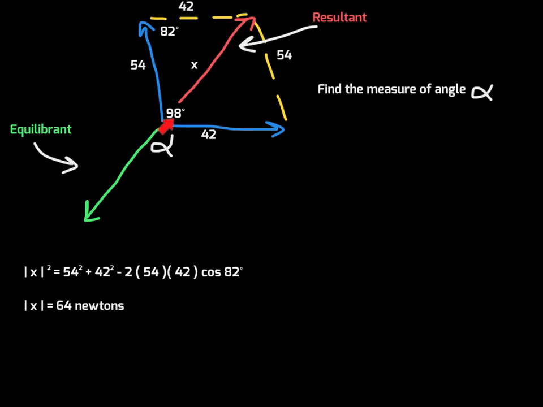In this case, actually, it does not. The only time a diagonal, by the way, will bisect this angle is if these two forces had equal magnitudes, and they don't. So this angle here that I'm highlighting, which is the supplement of alpha, is not half of 98 degrees.